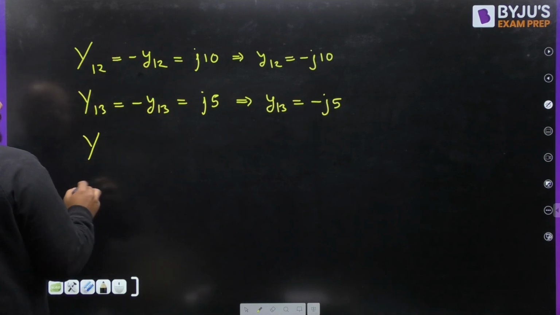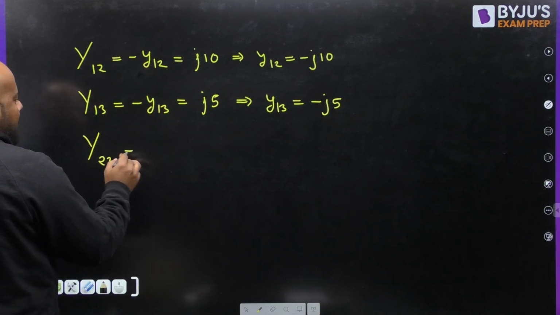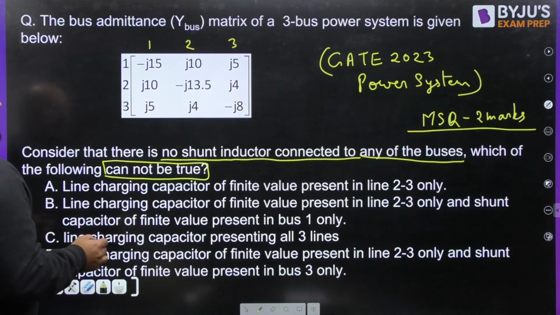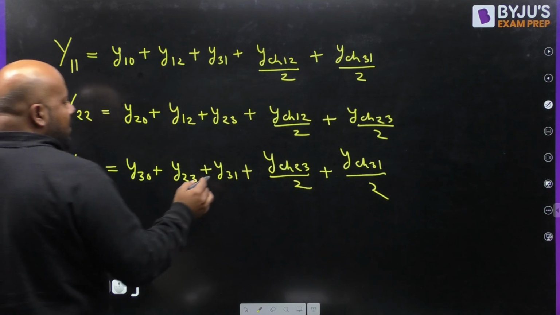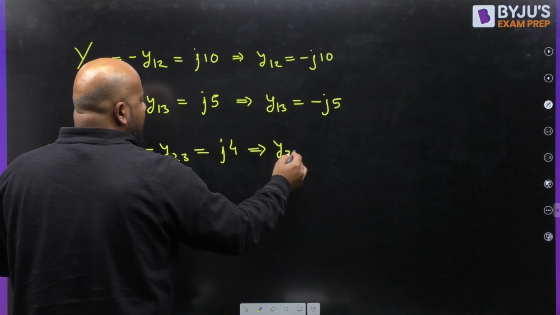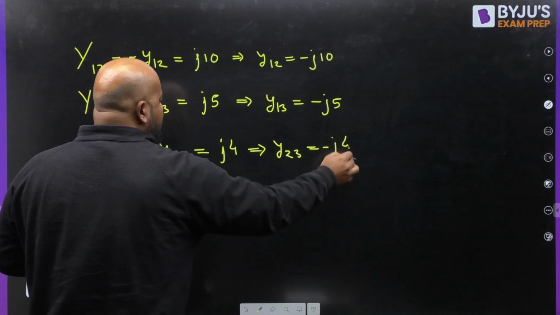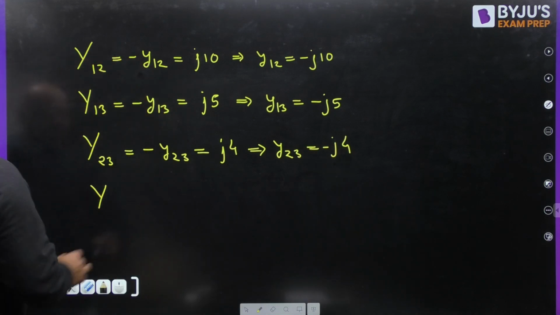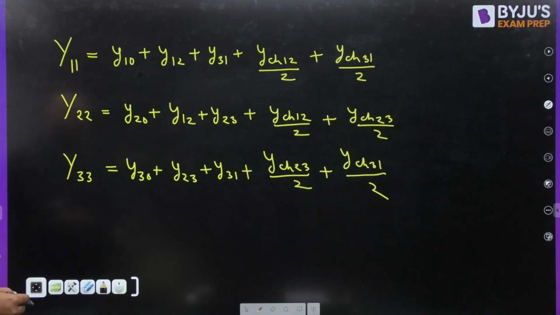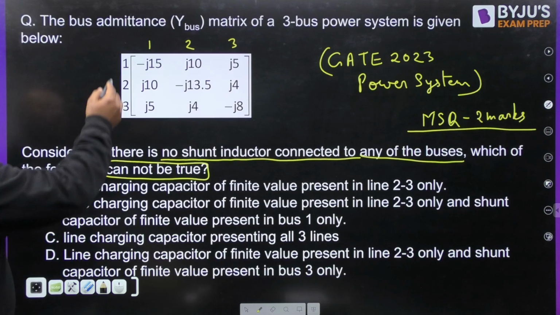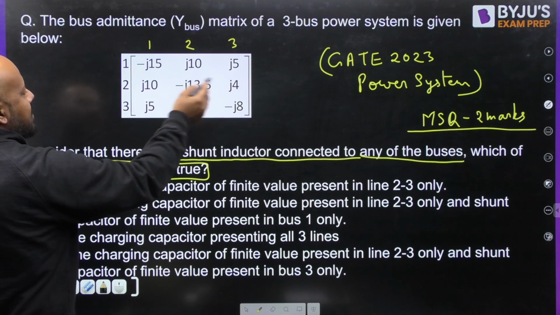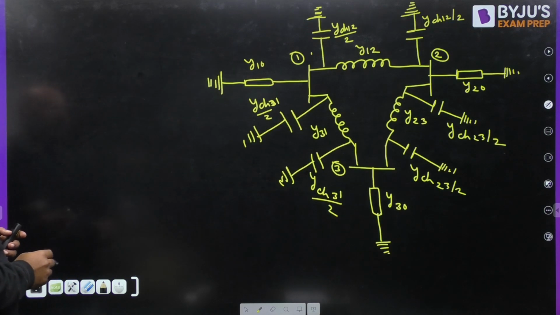What is going to be Y23? It is going to be minus of Y23, and that is already mentioned. Y23 is going to be J4. So this is J4, or you can write Y23 is minus J4. Y12, 13, 23 already we have taken. So what is the remaining thing? 1 2 we have taken, 1 3 we have taken, Y21 is same, Y23 is same, Y31, Y32.